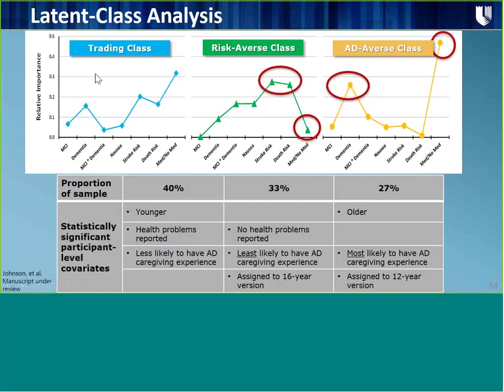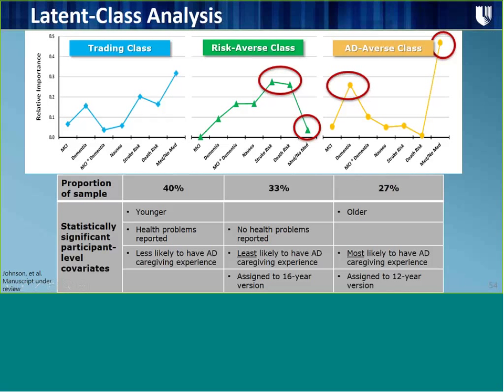A trading class, where pretty much every attribute included had some degree of importance, a risk-averse class that clearly thought that anything related to risks was going to be most important, and then an AD-averse class, or Alzheimer's disease-averse class, which reacted very strongly both to the idea of facing the symptoms of dementia, and also rejected very strongly the idea of not doing anything, not taking any medication.